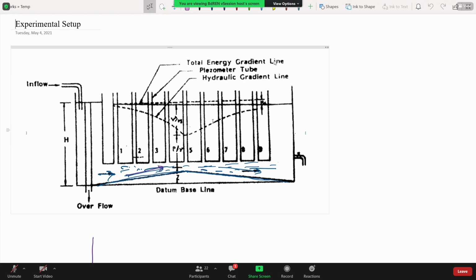The velocity will increase up to here, and then as it passes through the diverging section, the velocity will decrease. This is the velocity. What will happen to the pressure? Exactly opposite. The pressure will decrease, and then the pressure will increase. So this is the experimental setup.